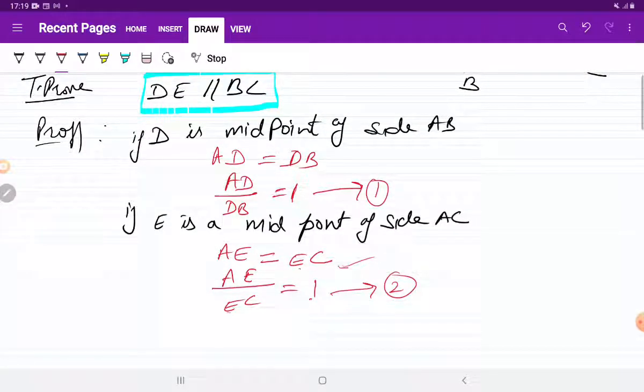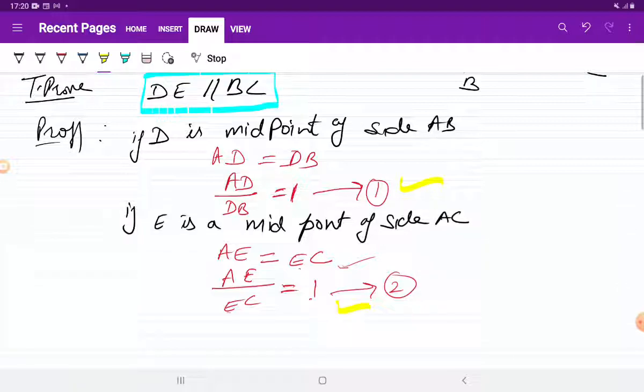Now see both sides, equation number 1 and equation number 2. In both equations, my right side is the same. That is 1 here, AD upon DB, and 1 here, AE upon EC. If my right side is equal, then my left side will be equal also.